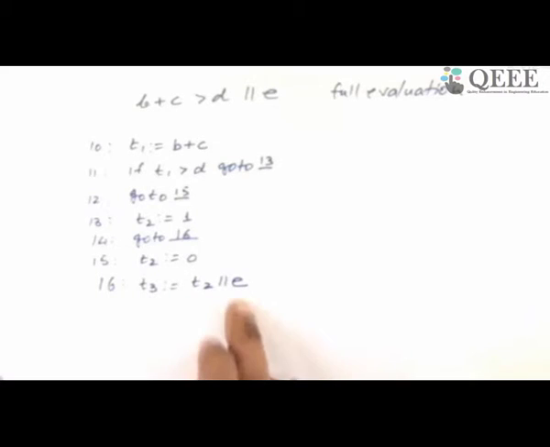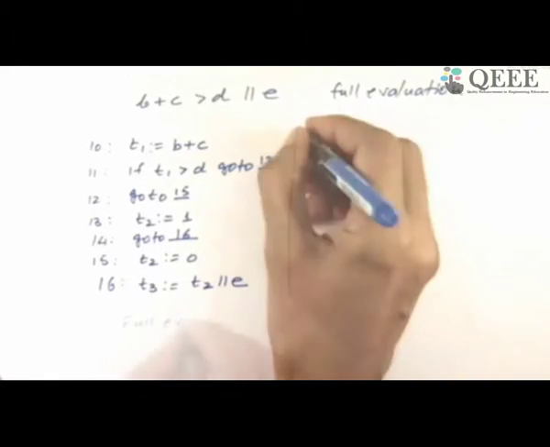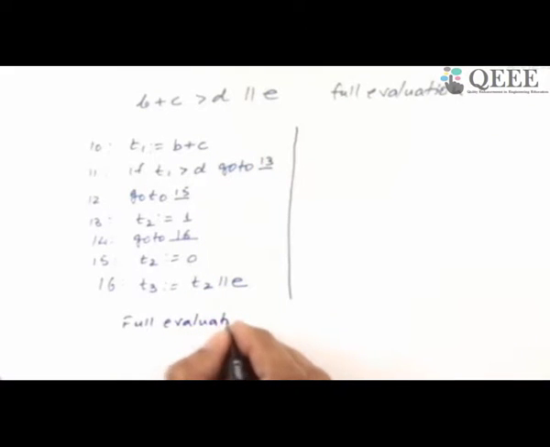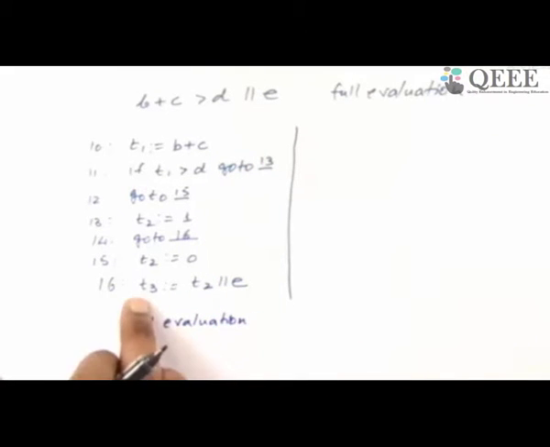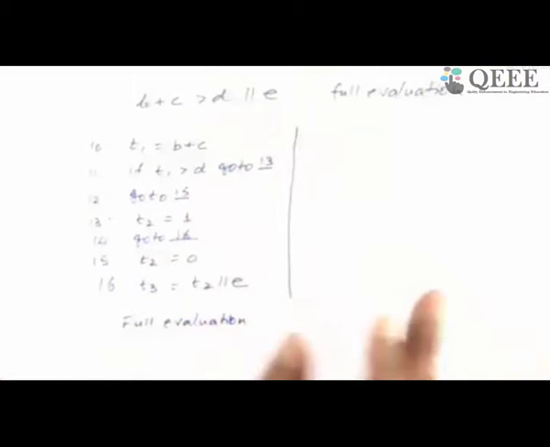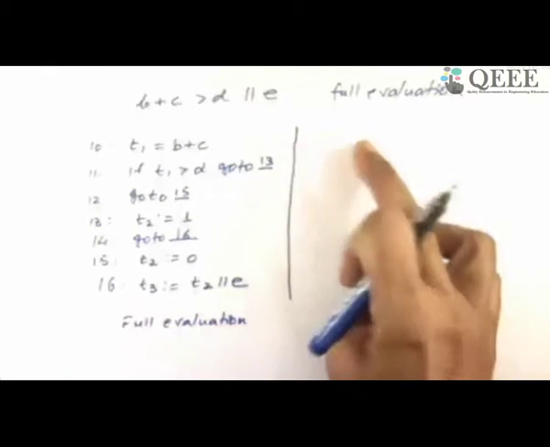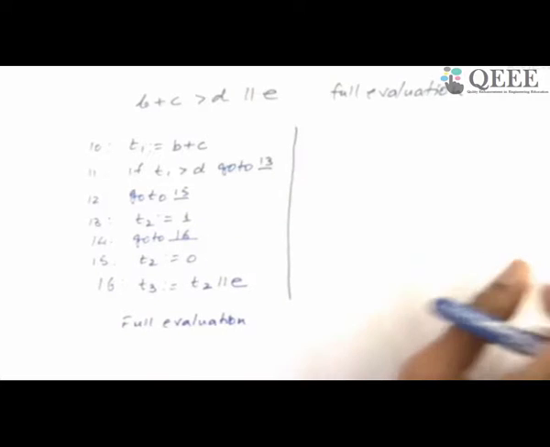If E is a variable, or an expression, I'll produce it. So this is full evaluation. Why do we call it full evaluation? Because finally in T3, the value of B plus C greater than D or E is ready. If you want to assign it to A, I have to only say 17, A equals T3. I'm done. If you are using it in a control flow structure context, then we don't do this.